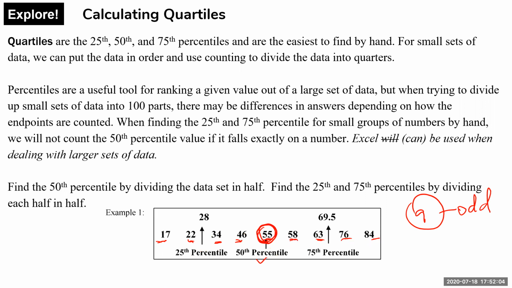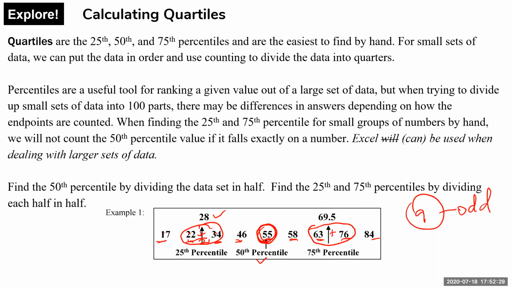Now you look at the remaining half to your left, 1, 2, 3, 4. You don't have a single number that sits at the center to your left. So you have to put these two together and divide by 2, and that gives you your 25th percentile. And then these two numbers sit at the center to the right.